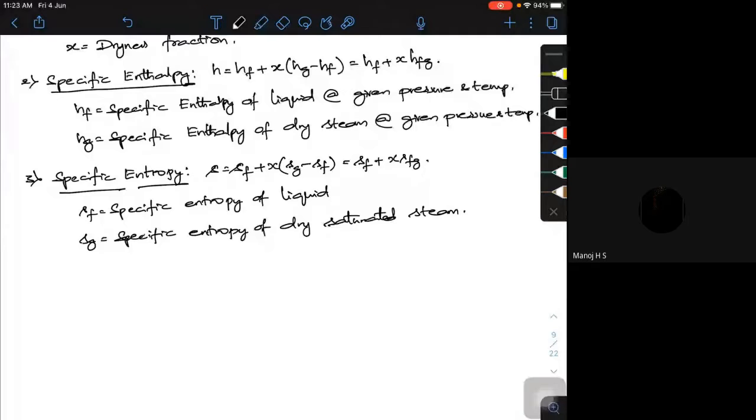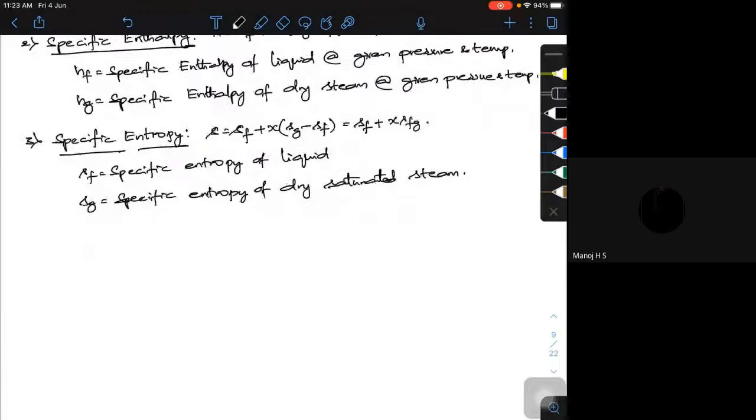What about the internal energy? How can we calculate the specific internal energy? You won't get it directly from your steam tables.